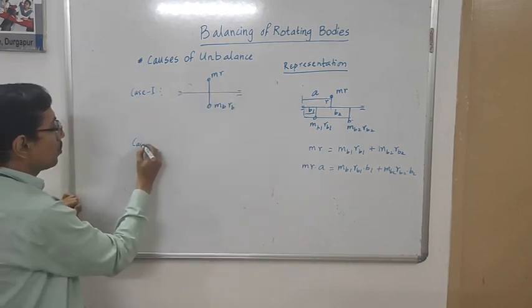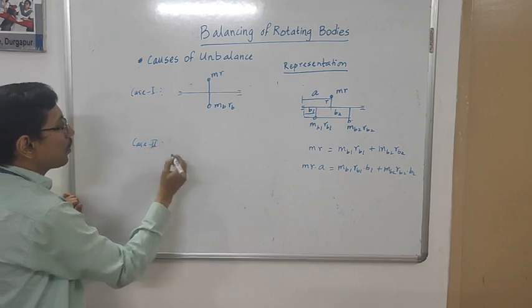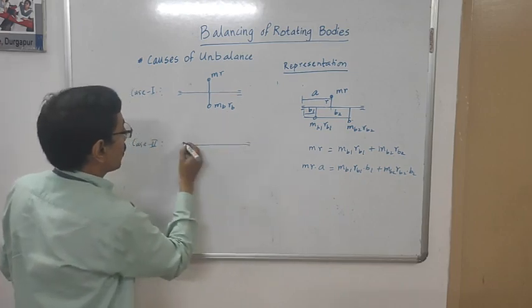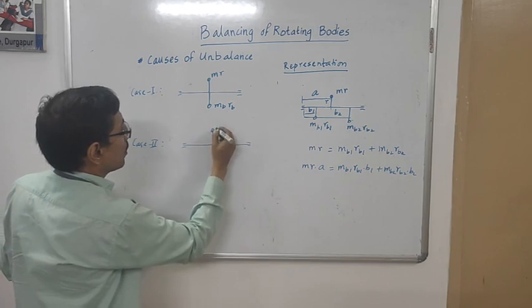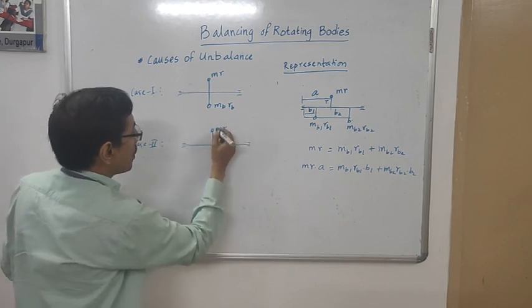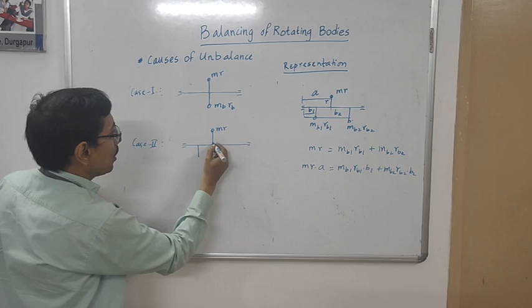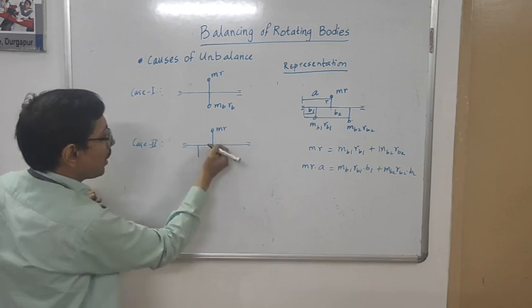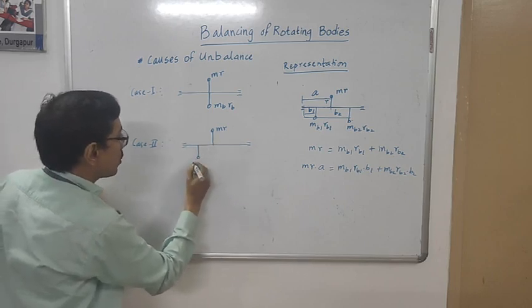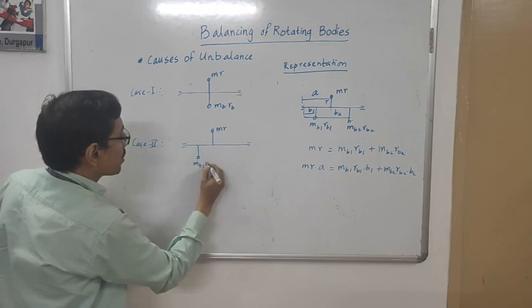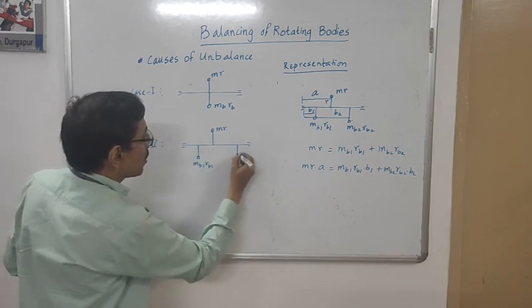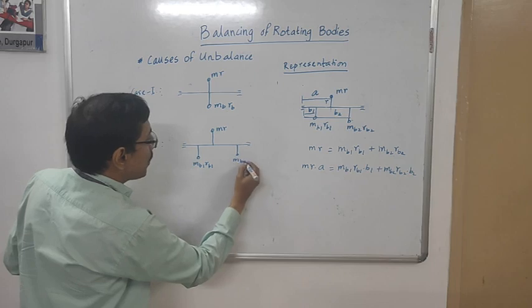Case 2, what we observe here, the unbalanced force is there, but due to inaccessibility of space in the diametrically opposite location, we put two balance masses at two different planes, say MB1, RB1 and MB2, RB2.